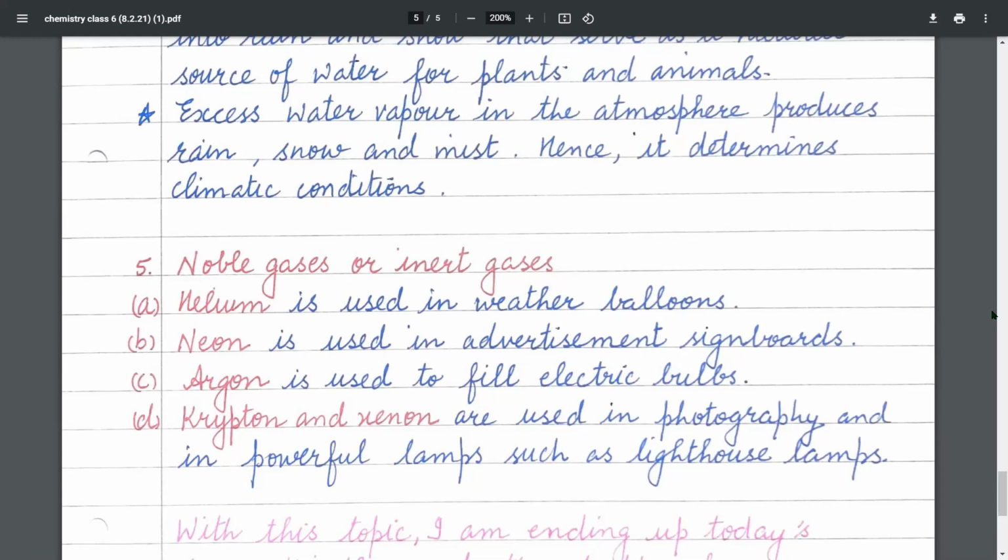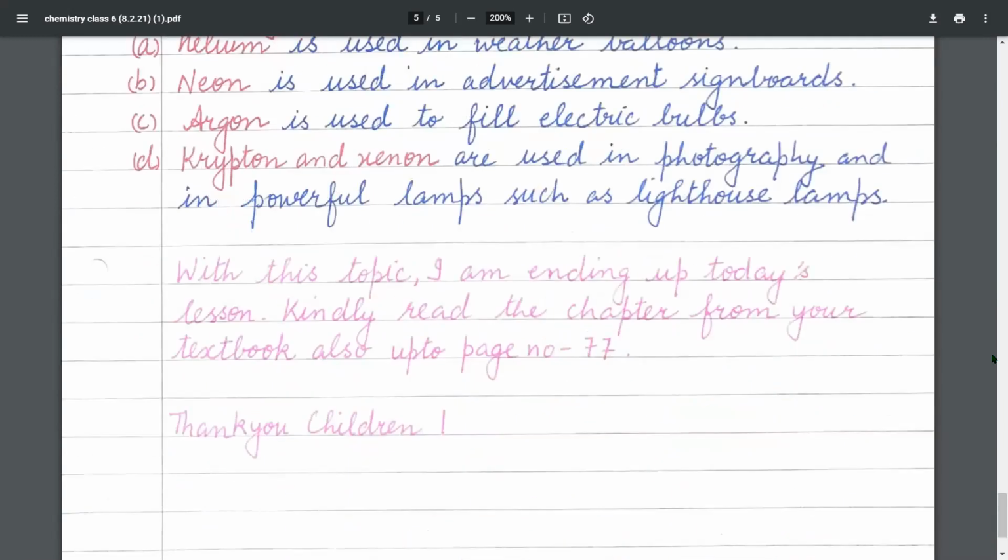Argon is used to fill electric bulbs. Krypton and xenon. They are used in photography and in powerful lamps such as lighthouse lamps.